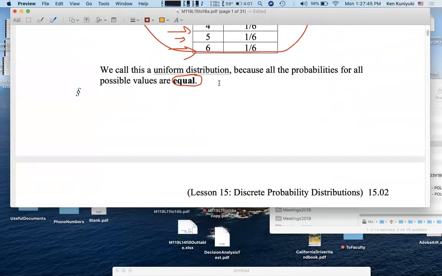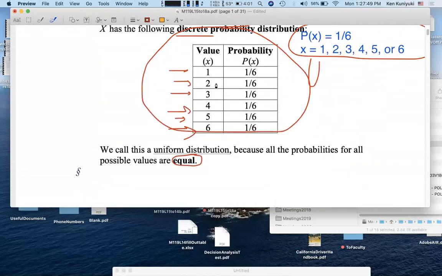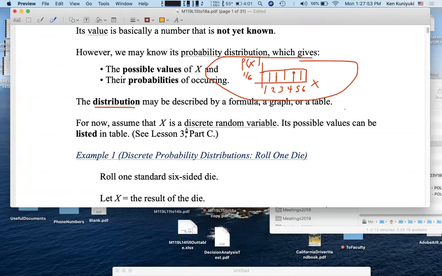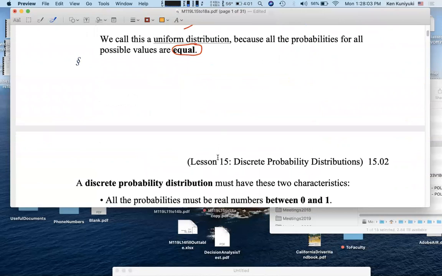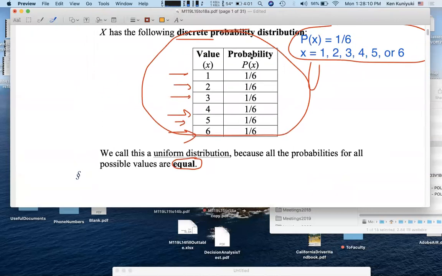All right. Now, a discrete probability distribution is one in which the possible values for the random variable can be listed in a table, like so. The integers from 1 through 6. A discrete probability distribution must have these two characteristics. Well, the numbers over here must be actual probabilities.